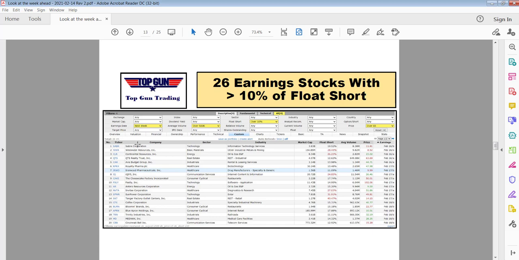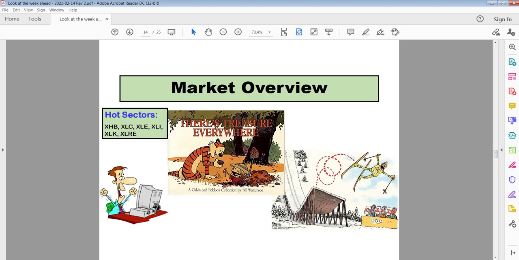Okay, so we have 26 of them here, and I sort them by when the reporting date is, and then lump them together. The after the bell on the 16th and before the bell on the 17th are lumped together to watch. And we've got a few that are in the 20s, almost 30%. We've got a 40%er here for SKT, and I have a list.